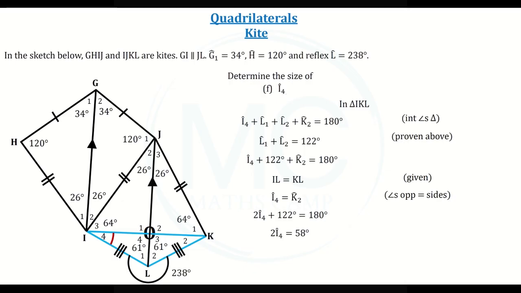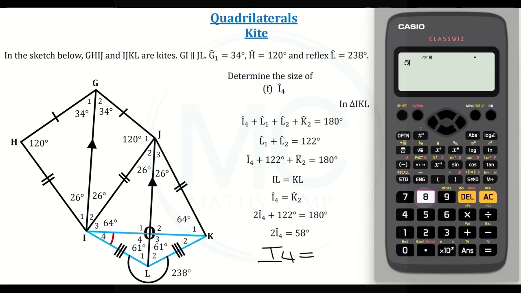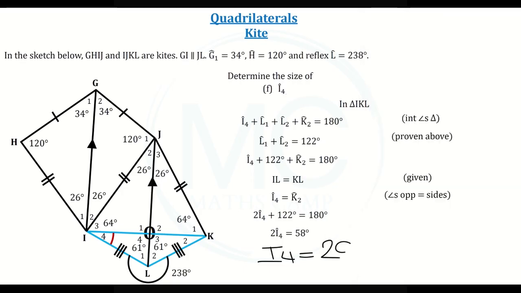Now, to get angle I4 by itself, we divide both sides by 2. So on the left, we have angle I4 is equal to 58 divided by 2. Let's take our calculator. 58 divided by 2 is equal to 29. This is the size of angle I4. And we have now completed this question.